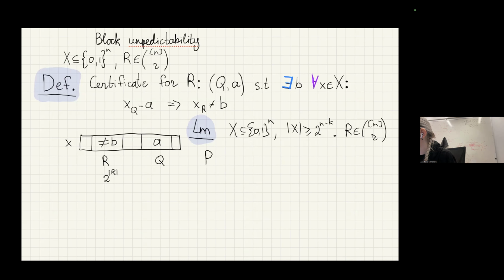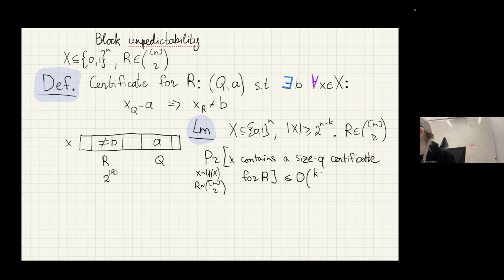So the probability over X drawn uniformly from X and R drawn uniformly, that X contains a size Q certificate where R is less than something, and maybe to that power. Yep, that's it. That's the statement.